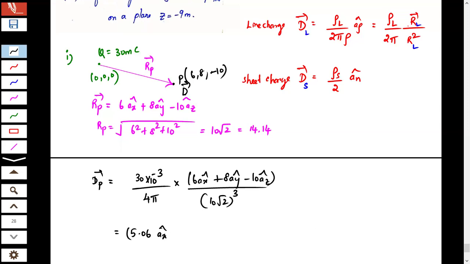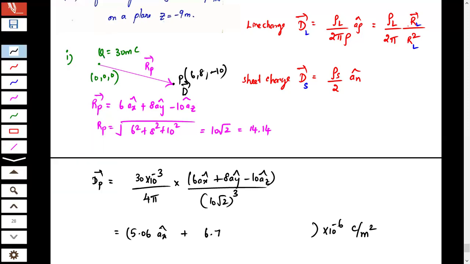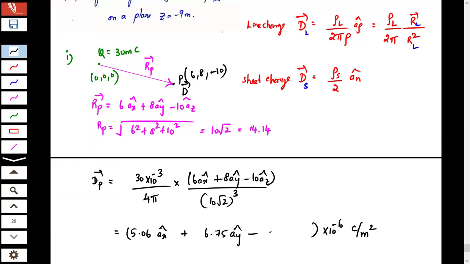All the terms we can give in micro, 10 power minus 6 coulomb per meter square. Then for y component, this has to be multiplied with 8. So it is 6.75 micro, 6.75 aY cap, minus, and this has to be multiplied with 10. So it is 8.44 micro, 8.44 aZ cap. So this is electric flux density due to point charge.